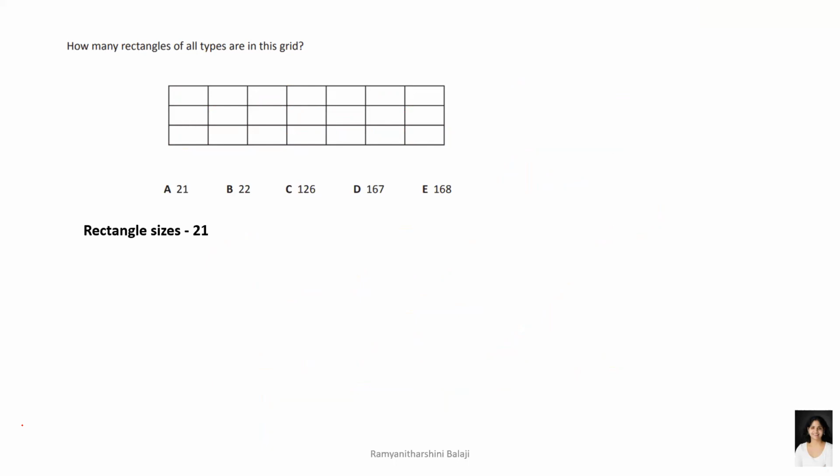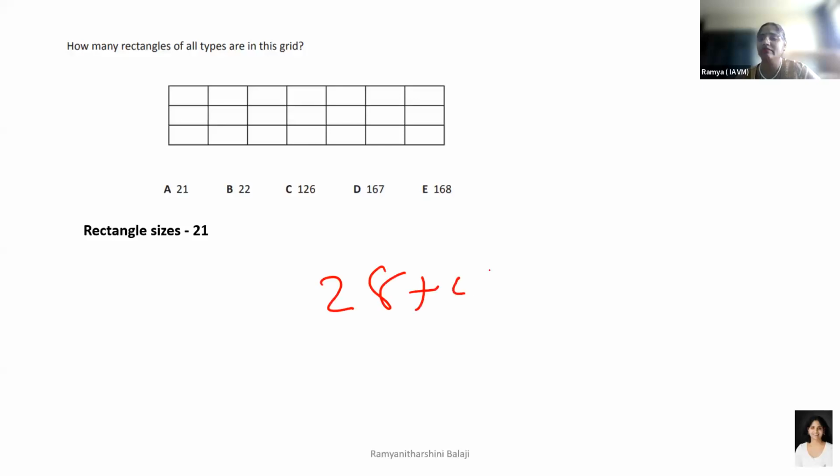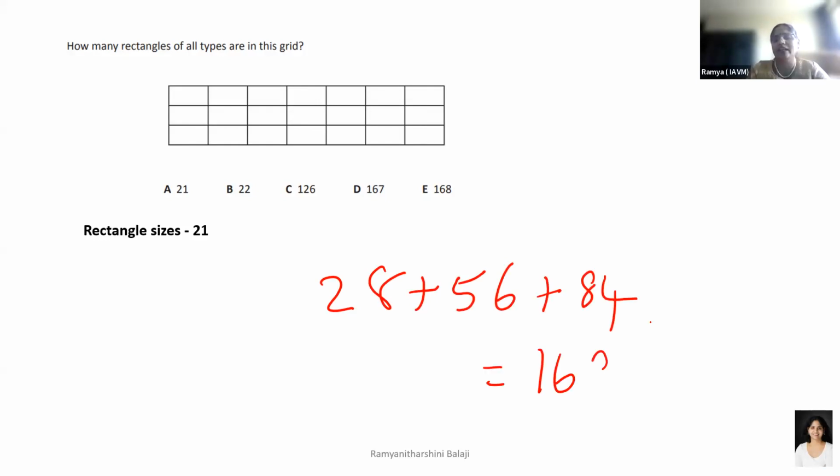So 1 to 7 is 28, plus 56, this is 84, and again 84, it is 168. In the multiplication table, 1 to 7 is 28, then 2 to 14 is 56, and then 3 to 21 is 84. So totally, if you add, it is 168.